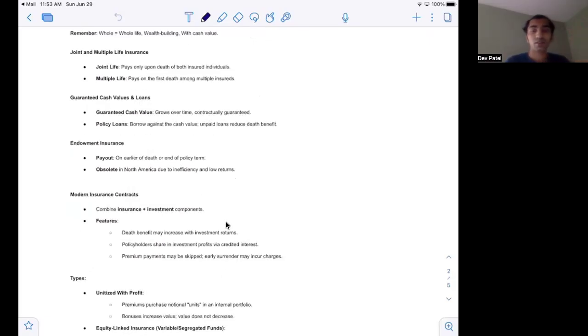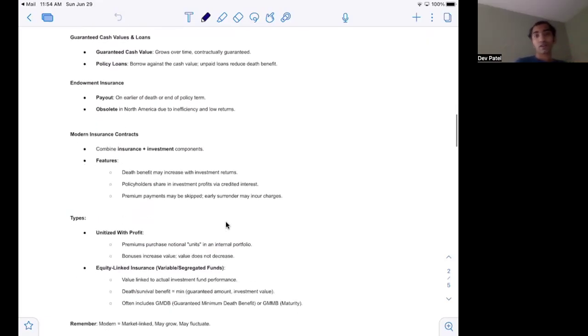Modern insurance contracts, one of the key features of modern insurance contracts is that it combines this insurance element with an investment element. So the premiums are invested into either a fund or some asset unit, and then the policyholders share those investment profits.